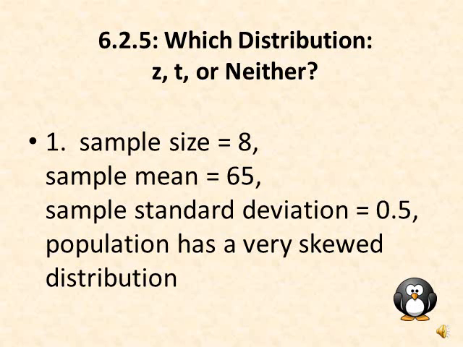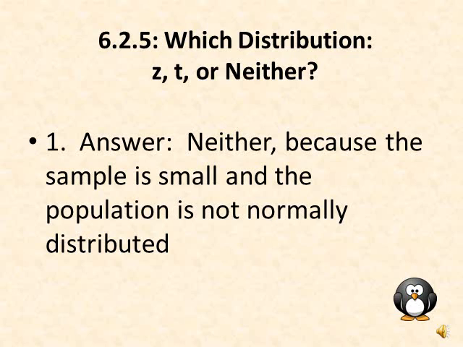Sample size equals 8. Sample mean equals 65. Sample standard deviation equals 0.5. Population has a very skewed distribution. The answer is neither, because the sample size is small and the population is not normally distributed.